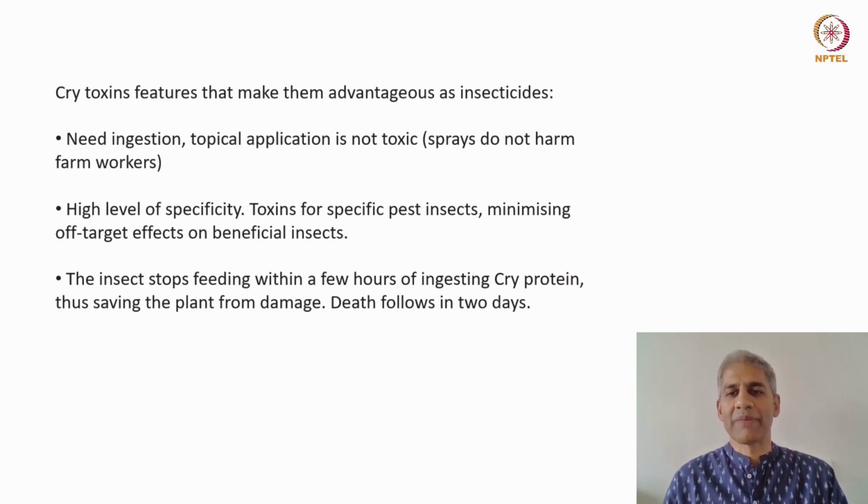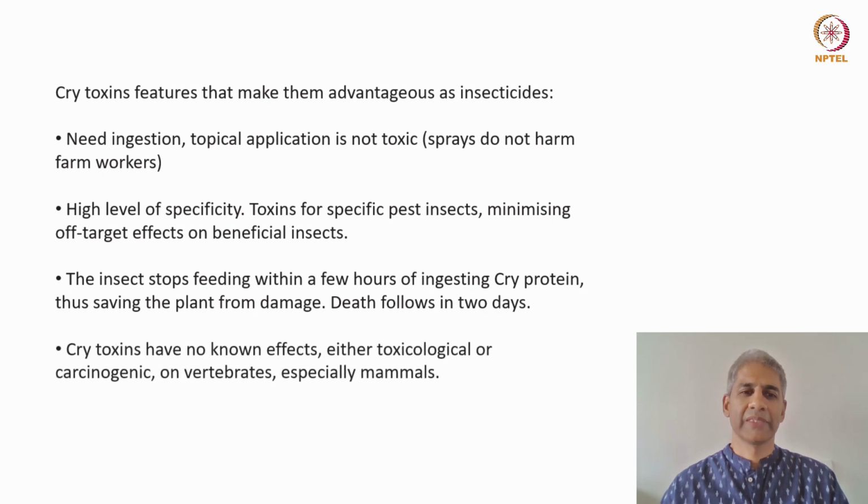And then this allows the bacterial spore to enter and start multiplying inside the insect itself. And it is this bacterial replication which causes the insect to die. And then again, like I said before, they have a very high specificity, and they have not been shown to have any kind of effect on vertebrates, especially mammals. So all these qualities made them very attractive to be used as insecticides.